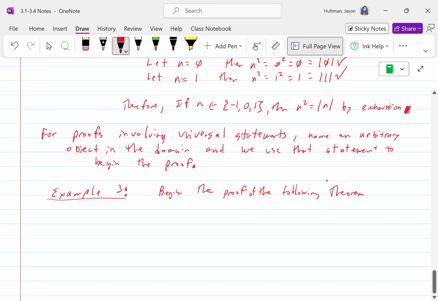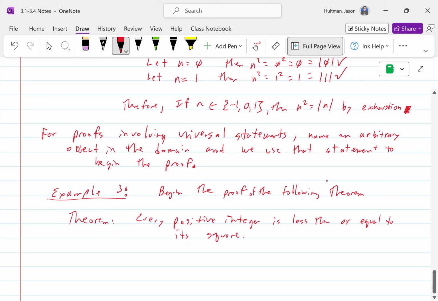Okay, theorem. Every positive integer is less than or equal to its square.